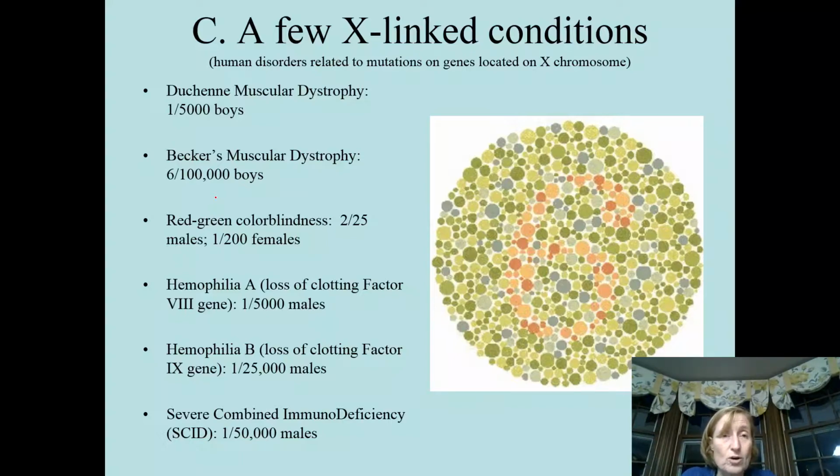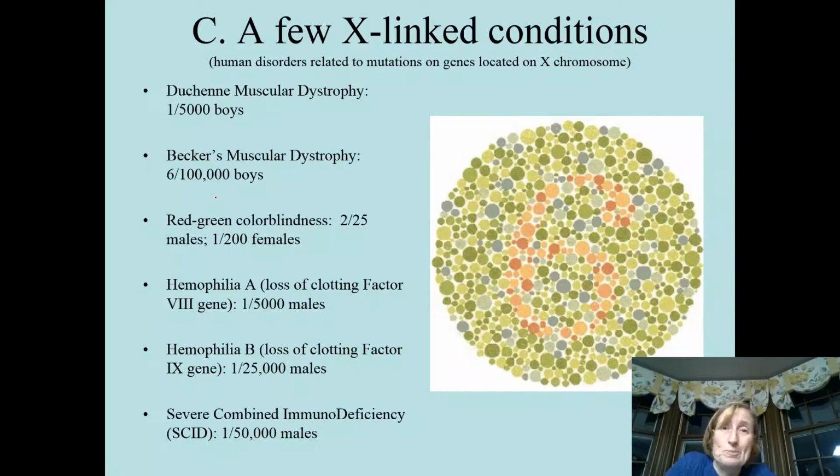A boy born with this will eventually end up in a wheelchair and will eventually die from this disease, probably in their teens or early 20s. Becker's muscular dystrophy is also determined by a gene on the X chromosome. It's similar to, but not as severe as, Duchenne's.